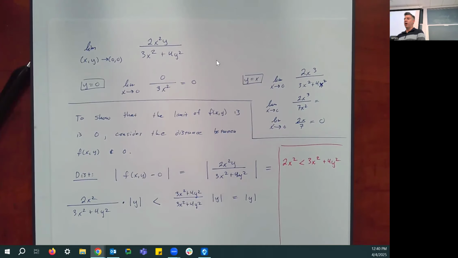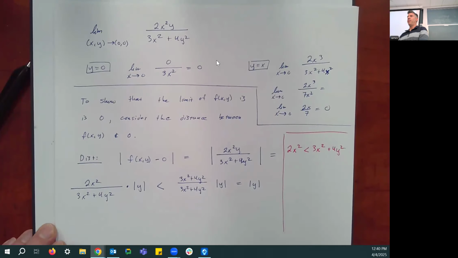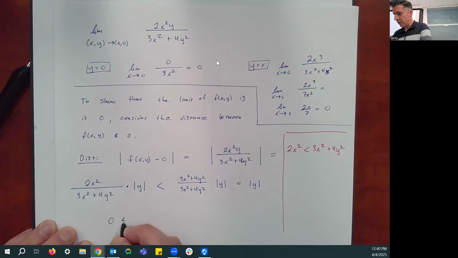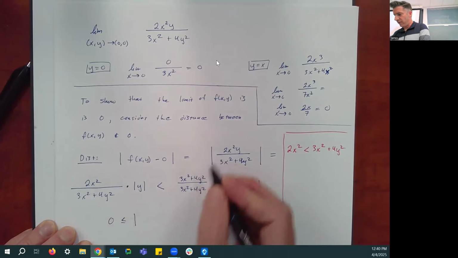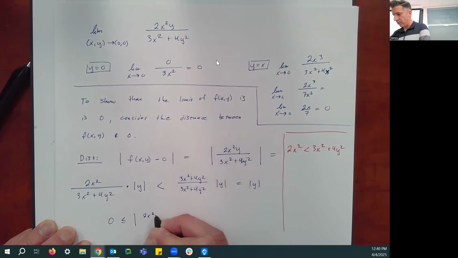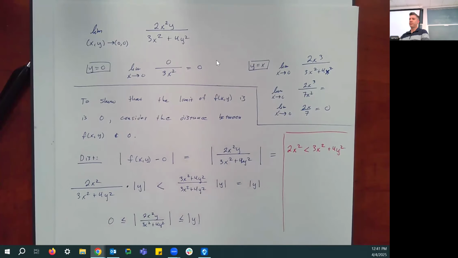So we've got an inequality. In fact, I've got a compound inequality because this absolute value, you know what it's always bigger than or equal to? 0. So here's what we can say. 0 is less than or equal to the absolute value of our function, 2x squared y over 3x squared plus 4y squared. And that is definitely less than or equal to the absolute value of y. And now you know what we're going to do?